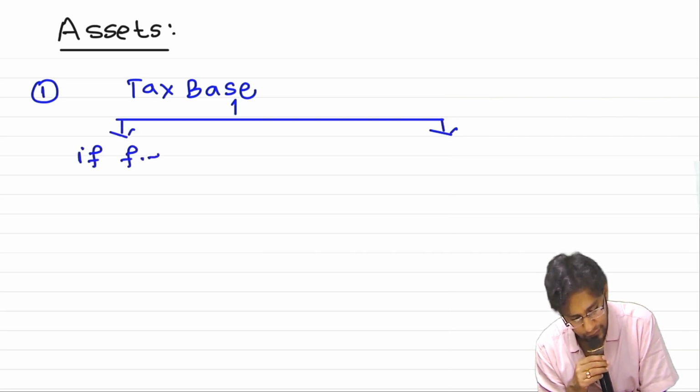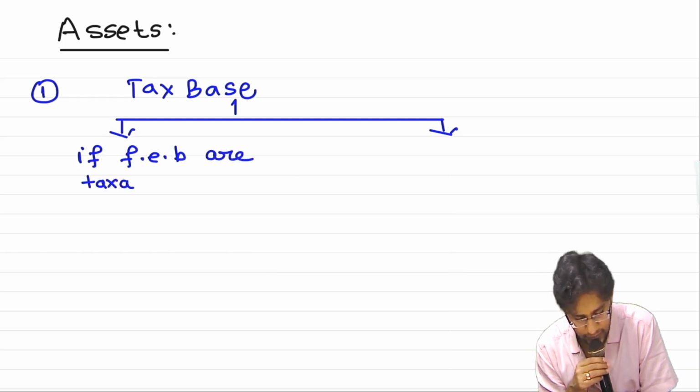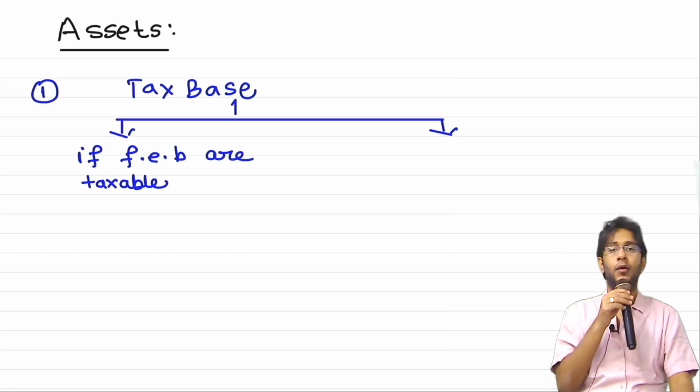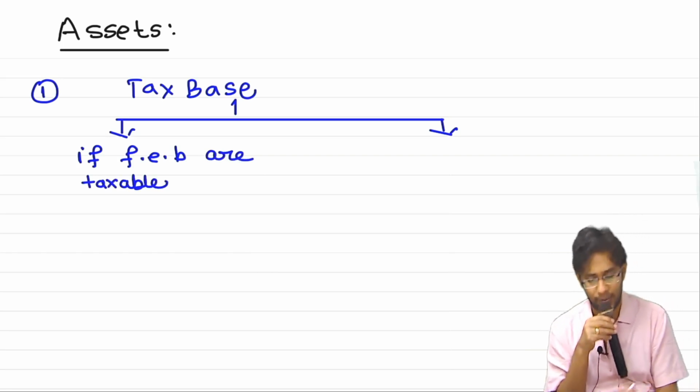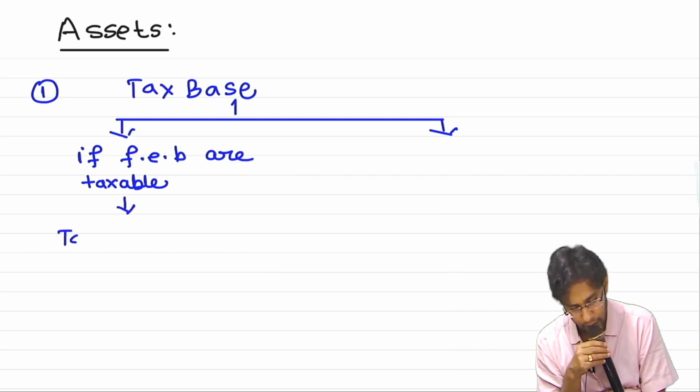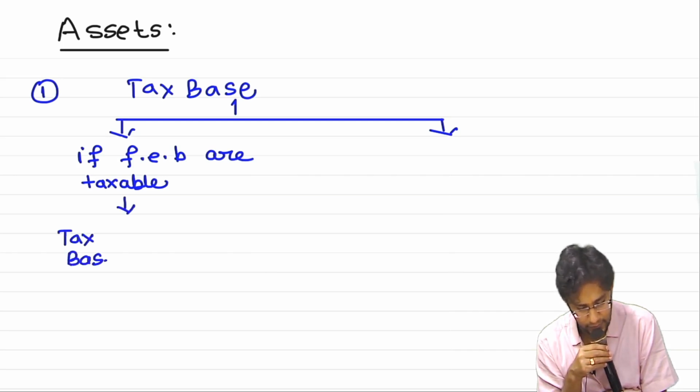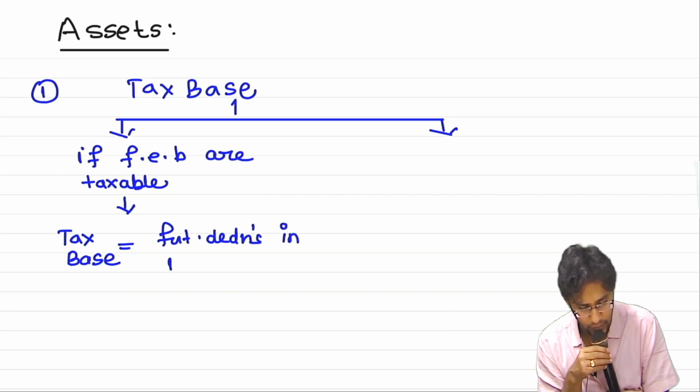If future economic benefits are taxable, whatever benefits are there, then tax base is equal to future deductions in tax laws, if any.